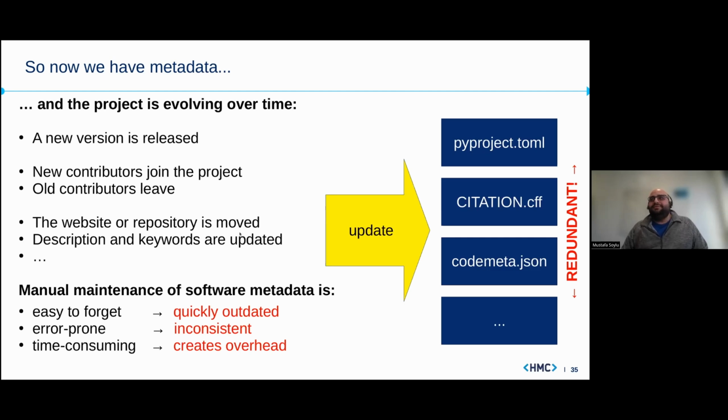We want to just release it and change it in the pyproject file and forget it in CITATION.cff. And if somebody is citing our project, then they will be citing the wrong version. And it is error prone, as we showed. They have different formats, different keys for the same thing. So it is time consuming to even check one by one which key it was.